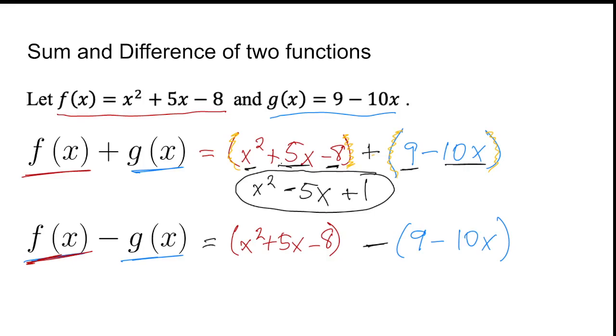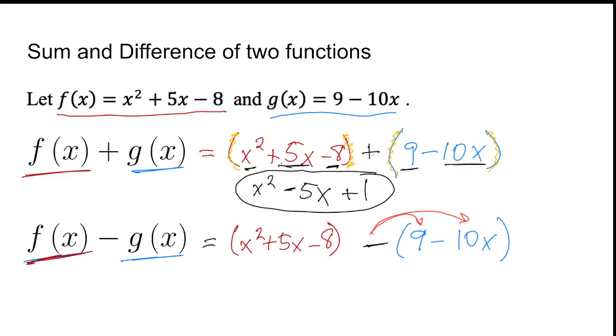But this time if we remove the parentheses, the first one has nothing in front, so nothing to worry about, just like the last one. But what we're going to need to do is make sure that this negative distributes through the parentheses on the second one.